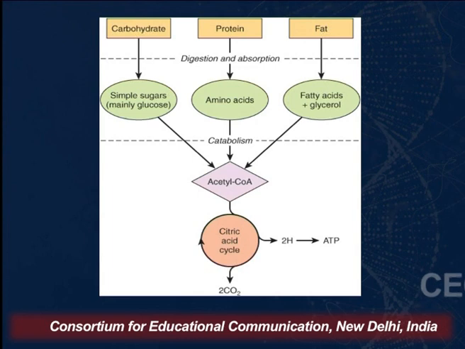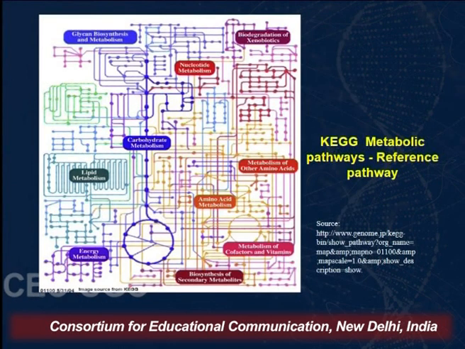So they are all funneled into the various catabolic chain reactions where they form acetyl-CoA, and this acetyl-CoA then gets into the citric acid cycle for complete combustion and complete reaction process, where carbon dioxide and water molecules are released. Along with that, energy is released in the form of the ATP molecule.